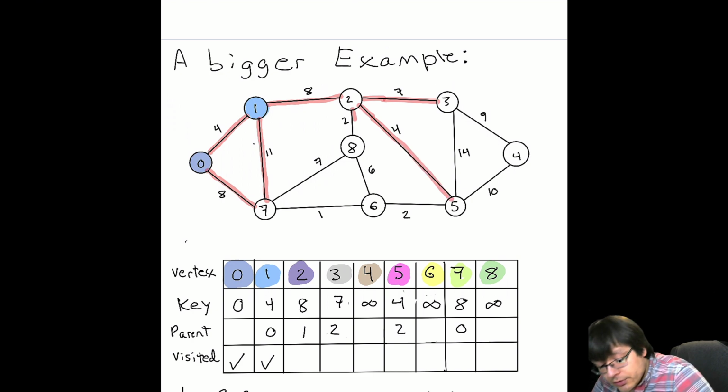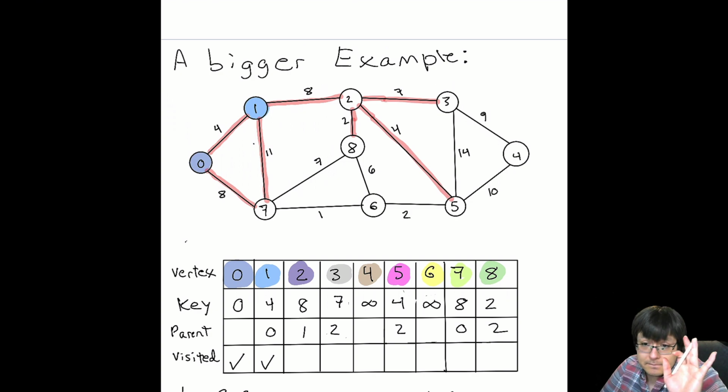8 is a little more interesting to look at, because 8 already, 8 is not interesting at this point either, because it has not been looked at either. So my bad. I was confusing because we have vertex names and vertex weights all using numbers, and it gets a little confusing. But this is going to become 2 and a source of 2, and that's it.